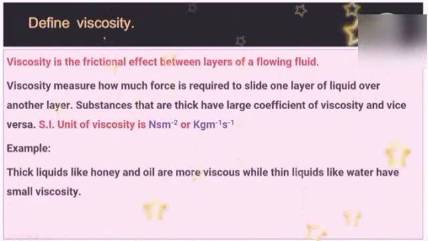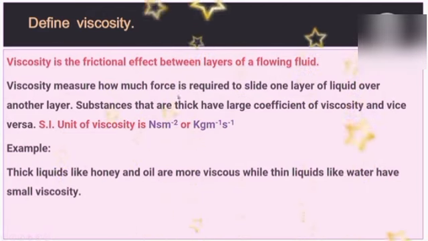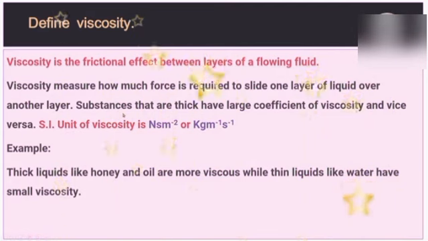Define viscosity. Viscosity is the frictional effect between layers of a flowing fluid. Viscosity measures how much force is required to slide one layer of fluid over another layer. Substances that are thick have large coefficient of viscosity and vice versa.